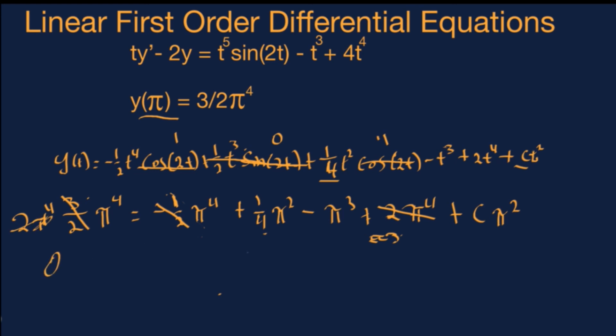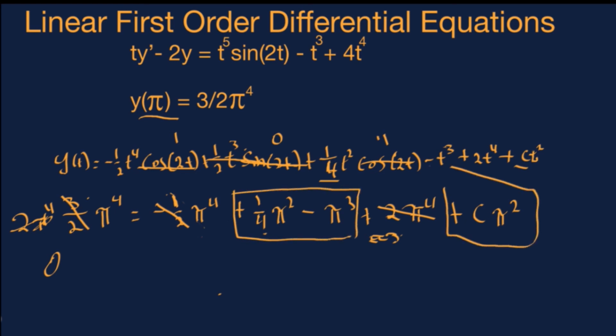And then we'll be left with this term right here and this term right here. And so when we take this to the left side, you get pi cubed minus 1/4 pi squared. So we're just basically adding pi cubed to both sides and subtracting 1/4 pi squared to both sides. And that will equal c times pi squared.